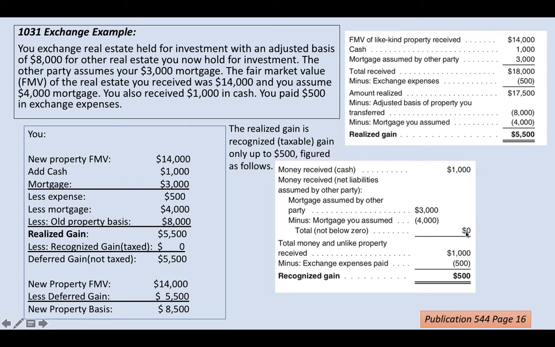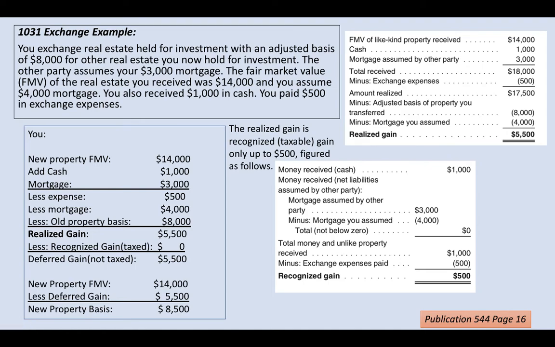Even. Then total money or unlike property received, this is very interesting. Well, you already evened out the $1,000. So they basically say unlike property received, you receive $1,000 cash, then minus the expense you paid, you still recognize a $500 gain.